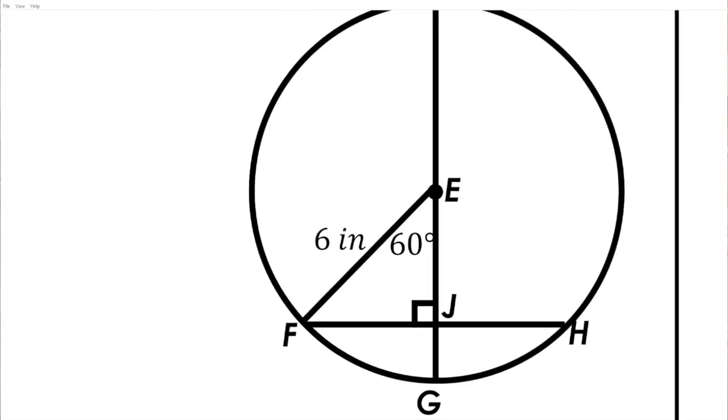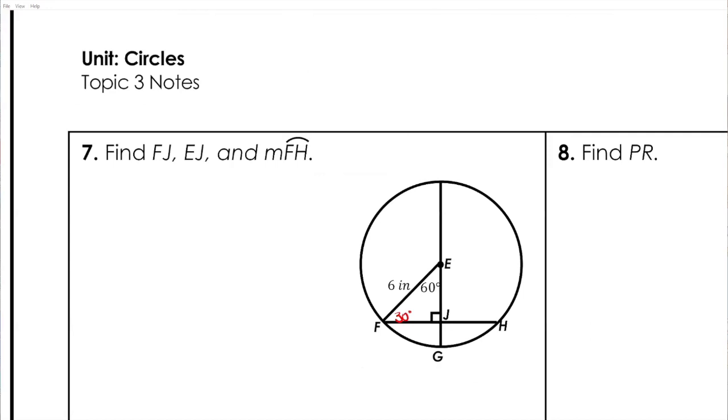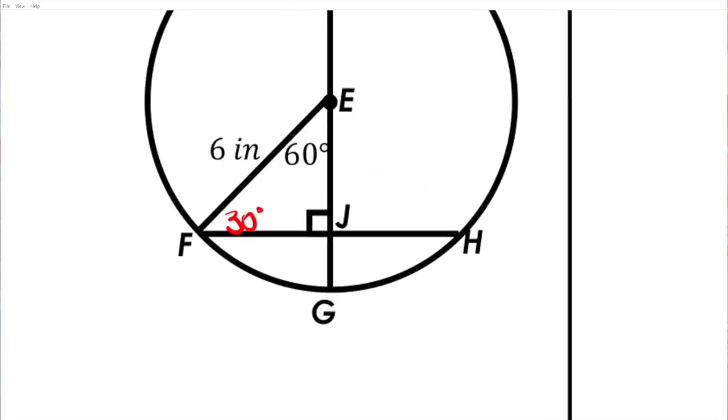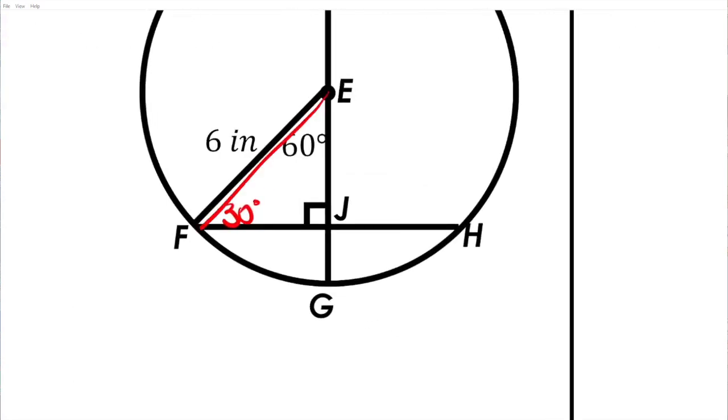We should be pros at these by now. Okay? It wants the length of FJ, EJ, and the measure of arc FH. So let's focus on the arc because that's the easiest one. We don't have to do any math. Why do y'all think I can say we don't have to do any math?